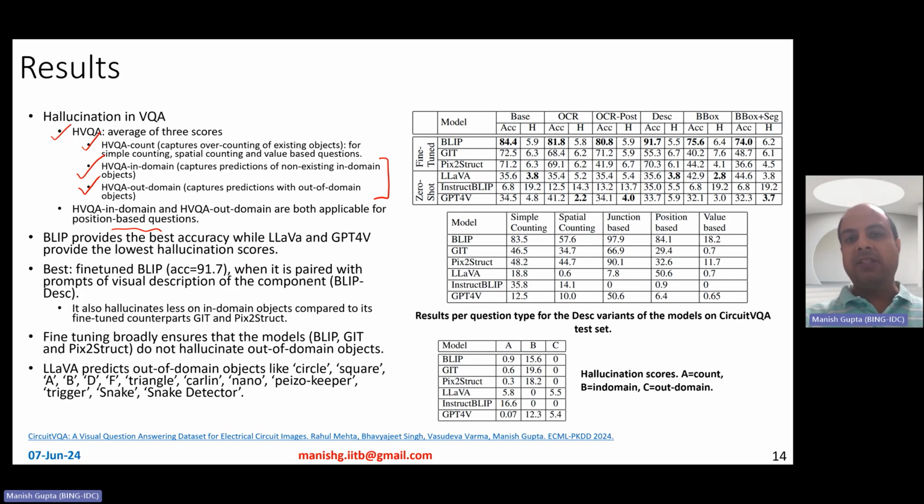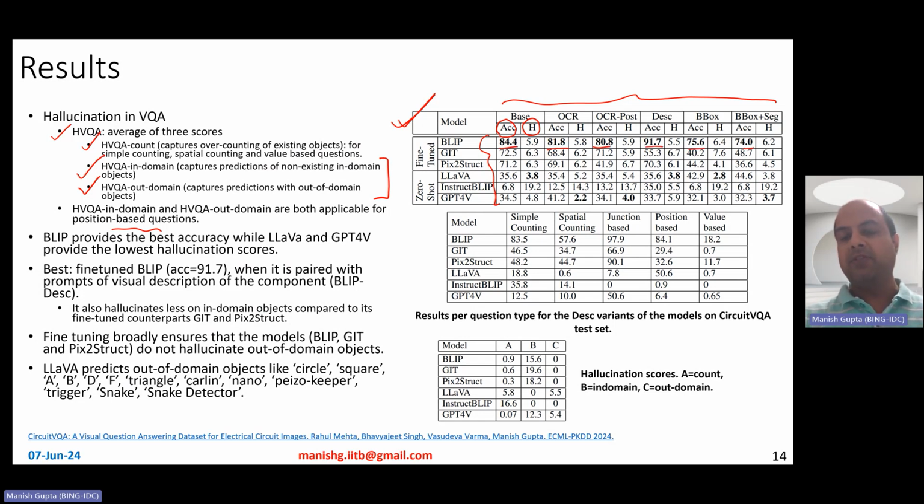So here are the results. These are the main results. They compare different models, and they also compare across different input types. What is shown is accuracy and the HVQA hallucination scores. What you observe is that typically BLIP gives you the best accuracy results across different methods.